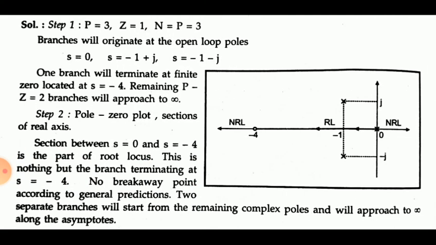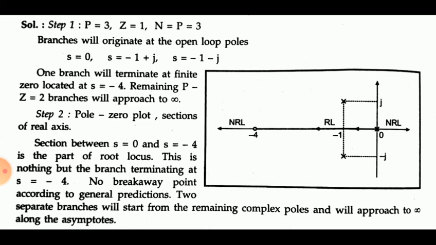Then the third example, G(s)H(s), is given. Now P equal to 3, Z equal to 1, and the number of branches will be P minus Z. Because P is greater than Z, the number of branches equals the number of poles, that is 3. Values of poles are s equal to 0, s equal to minus 1 plus j, and s equal to minus 1 minus j.